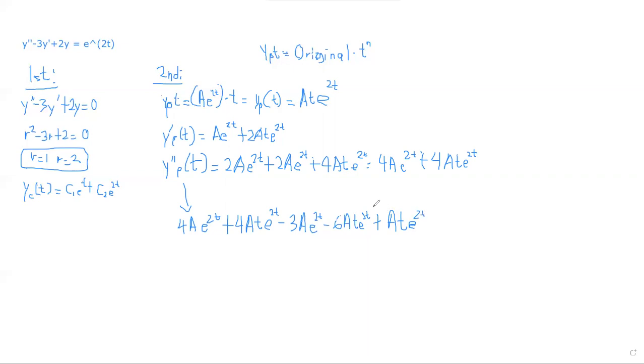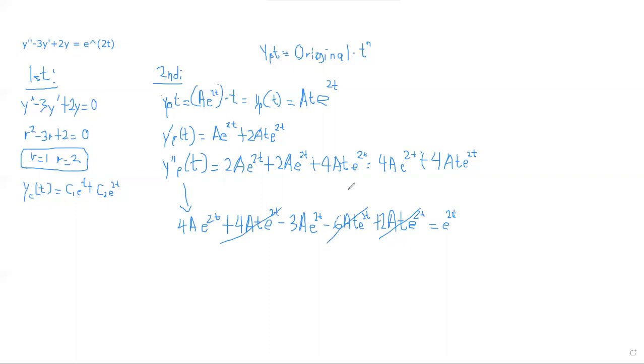I almost forgot the 2, but I remembered. And that's simply equal to e^(2t). These will cancel out, the at e^(2t) terms.